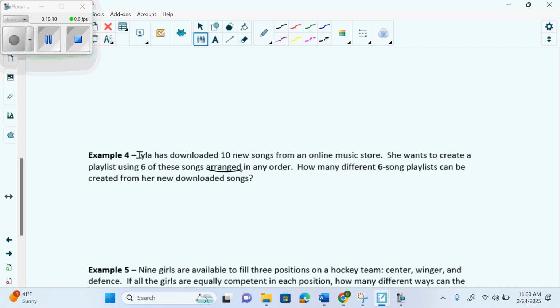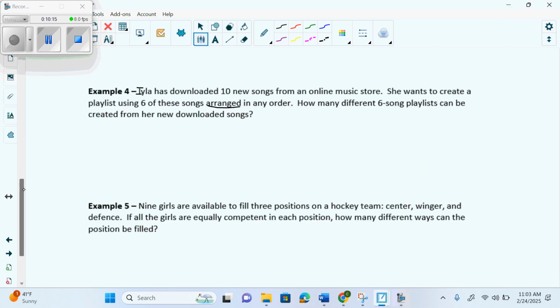A lot of people like visualizing it in blanks. I do too. How many different 6-song playlists? So how many are we choosing? 6. So we could go 10P6. The reason I can do 10P6 is I want 6 different songs on my playlist, correct? But if I allowed all 6 to be the same song, which would be a really bad playlist, I wouldn't be able to go 10P6.